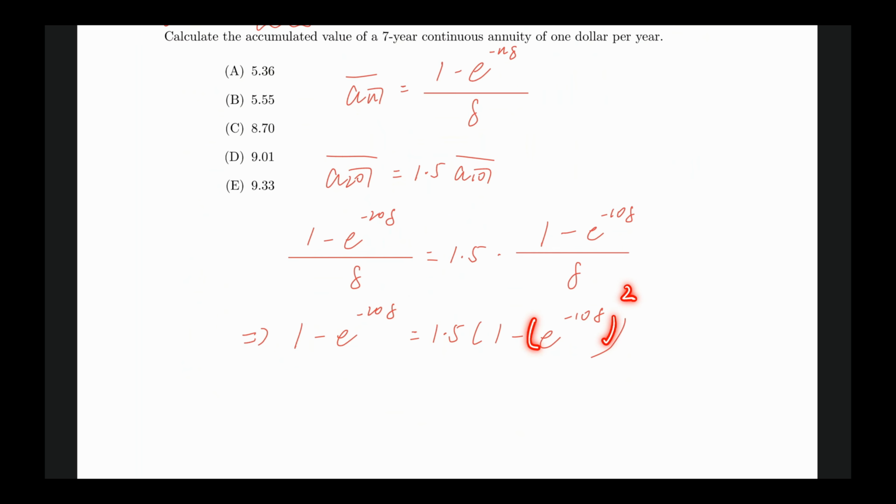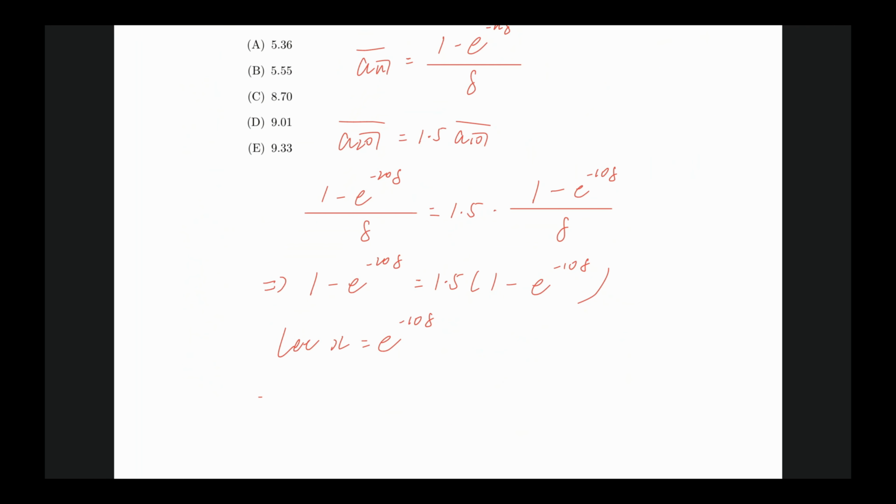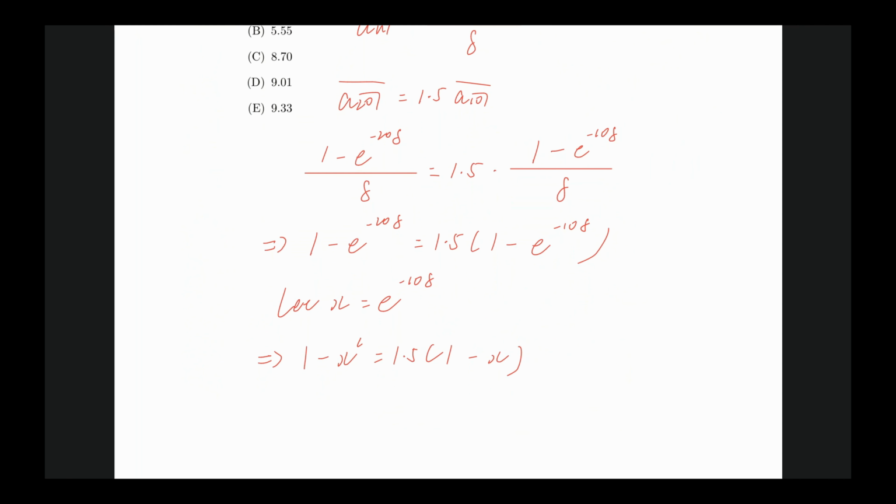So here's the trick. Let x equal e to the power of negative 10 times the force of interest. That will make this x squared, and everything here will become easy. So 1 minus x squared equals 1.5 times 1 minus x, and this is much simpler.